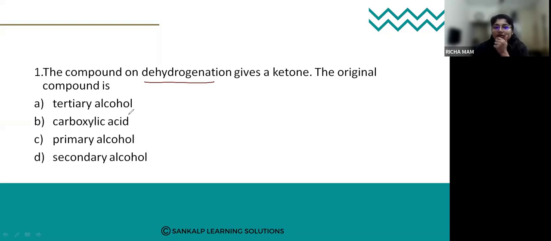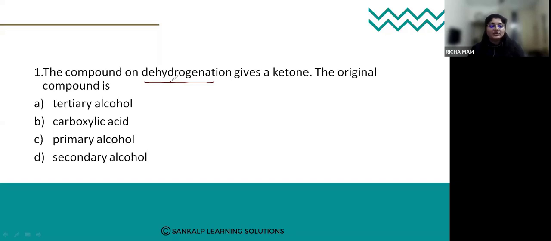A, tertiary alcohol; B, carboxylic acid; C, primary alcohol; and D, secondary alcohol. Dehydrogenation means removal of a hydrogen molecule, which will result in a ketone.